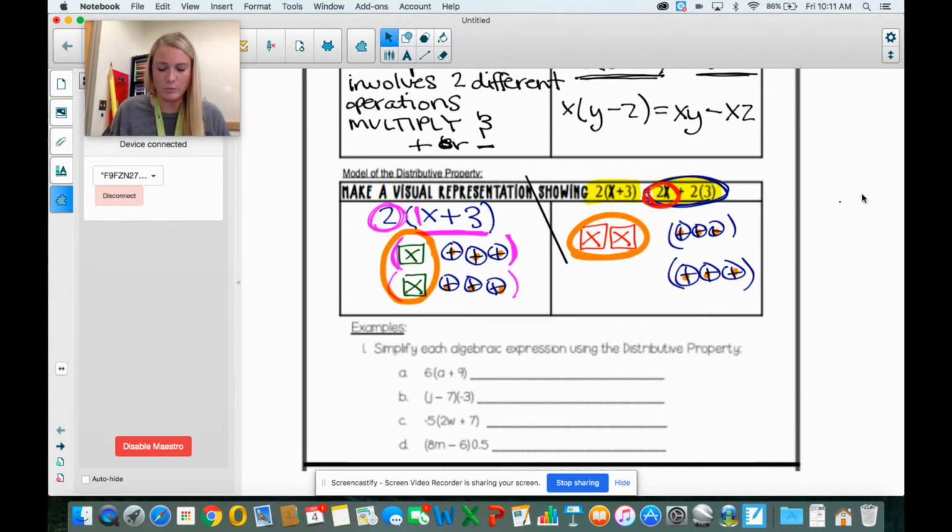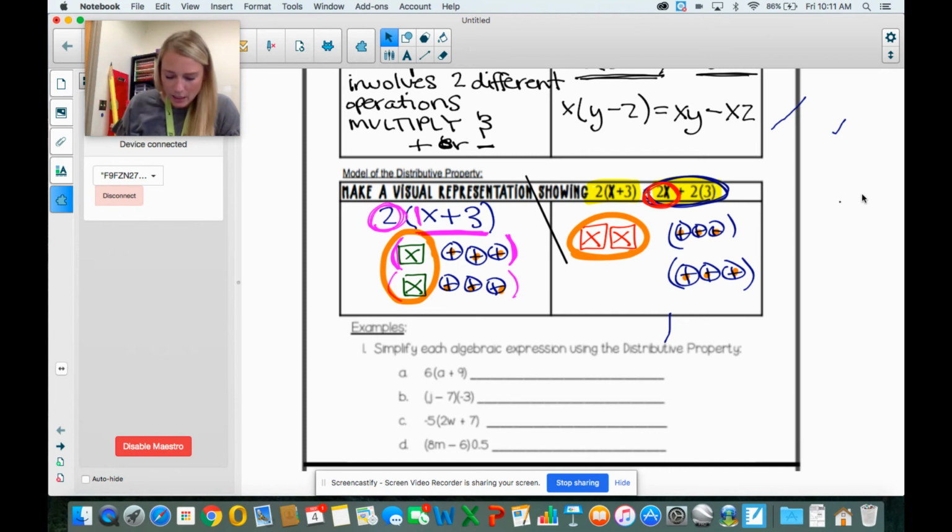But let's actually do some problems now. Oops, I'm drawing all over it. Okay, first example. Sorry if it's kind of hard to read. Okay, so I have 6 parentheses a plus 9. Now, as soon as I see those parentheses, I have to remember that parentheses tell me to do what operation?